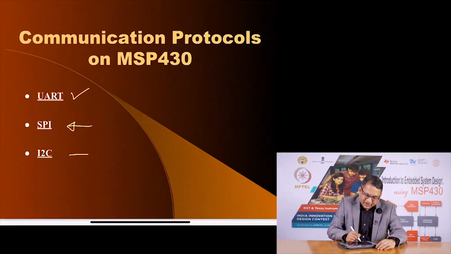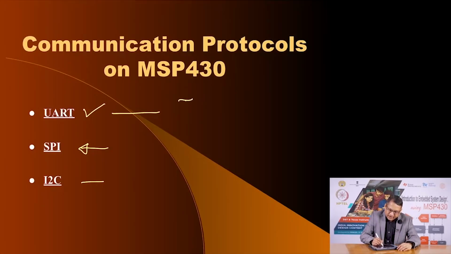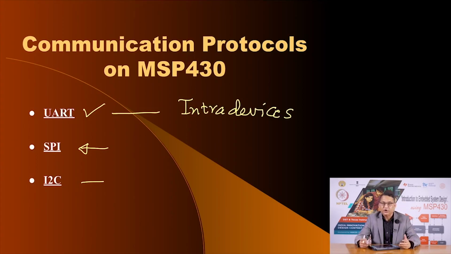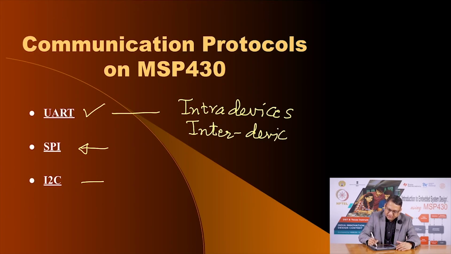Now, UART typically is suitable not only for intra-device communication, that is, if there are building blocks within a device that want to communicate serially, you could use a UART. It is also suitable for communicating between two independent devices, so it is also suitable for inter-device communication.